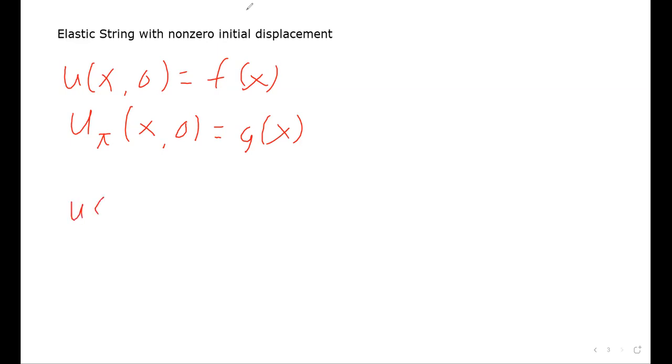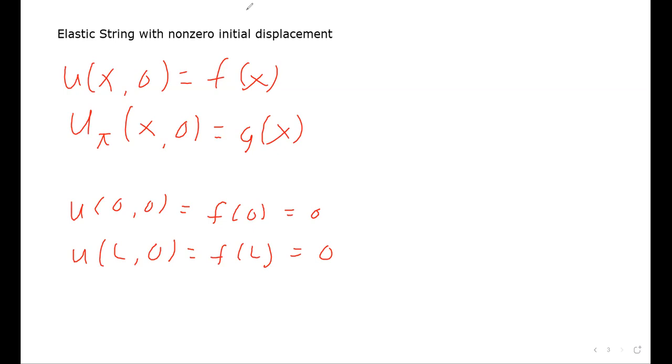And so if we continue on there, that'll be f of 0, which is going to be 0 because that's our left endpoint. If we plug in an L, that's also 0. So since we have our non-zero displacement, our string is pulled, but it's held there, and then we start our clock as soon as we let go. So our initial velocity is going to be 0.